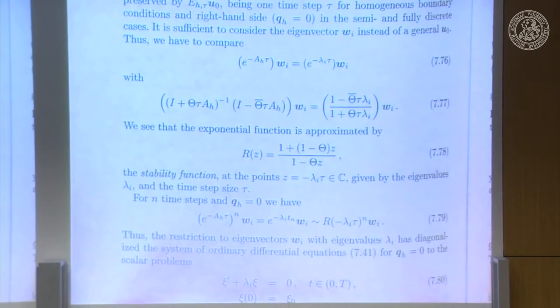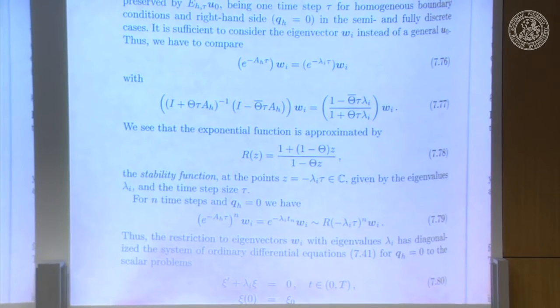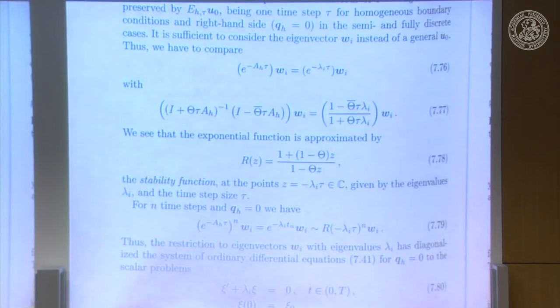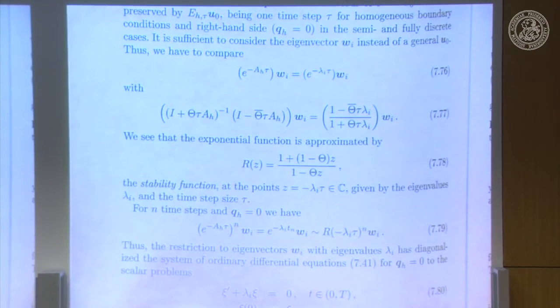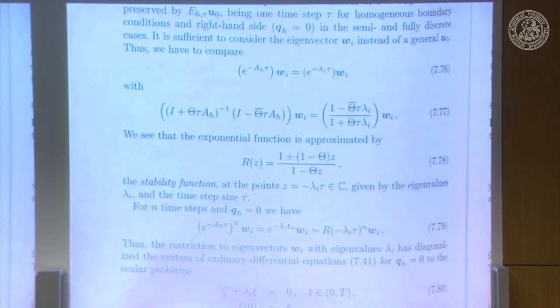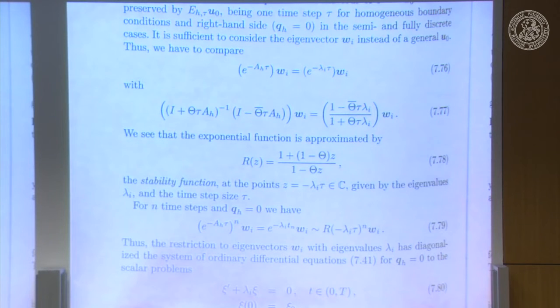But in theoretical terms, we have something on our hand, and that we are doing now also. So from now on, we assume that we have an eigenvector basis again, and from some point on, we will also assume that this eigenvector basis is orthonormal.